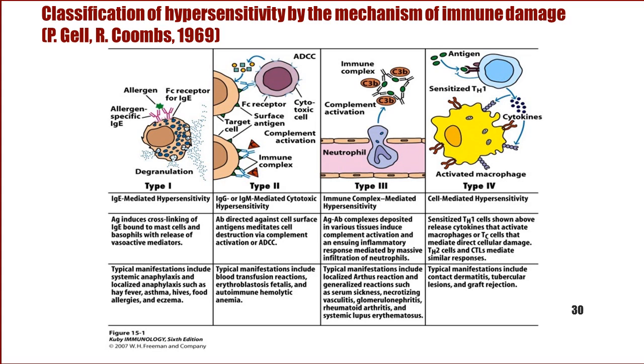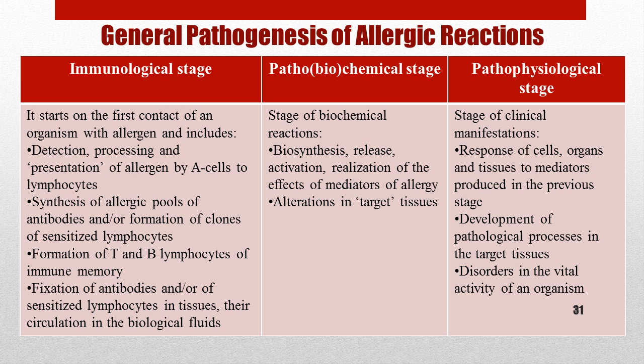In 1969, Gell and Coombs proposed classification of hypersensitivity by the mechanism of immune damage. So, this classification includes 4 types of hypersensitivity. Type 1, anaphylactic reaction. Type 2 is cytotoxic type. Type 3 is immune complex type. And type 4 is cell-mediated reaction.